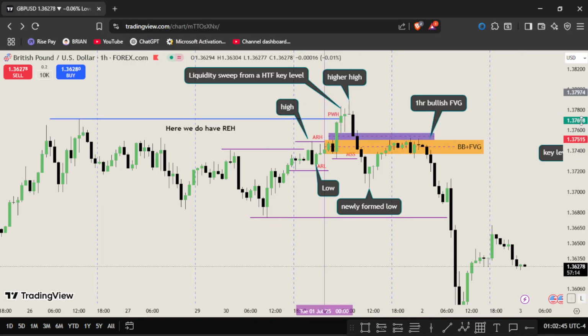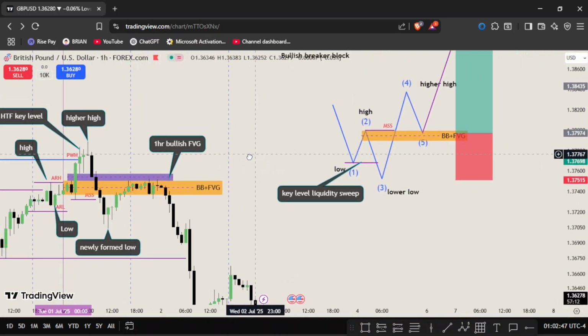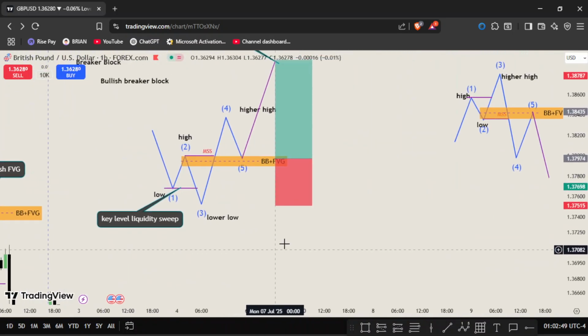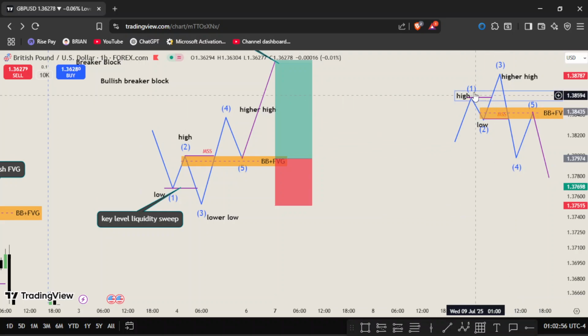It was. So what have we said a breaker block is? A breaker block is the candle that initiates a sweep of a previous high or a previous key level, like this one. And this is the candle that initiated the sweep of this high, creating a new higher high.